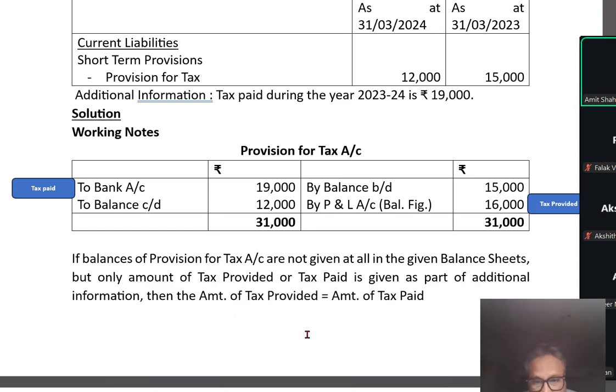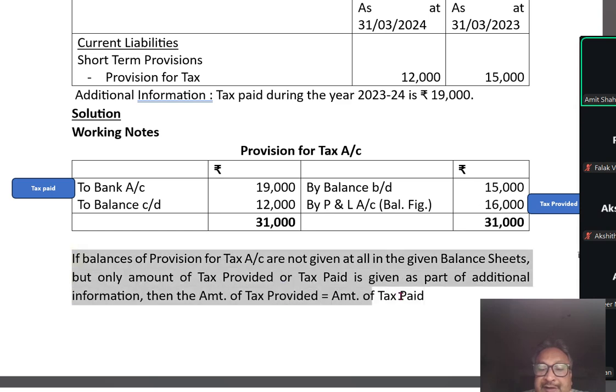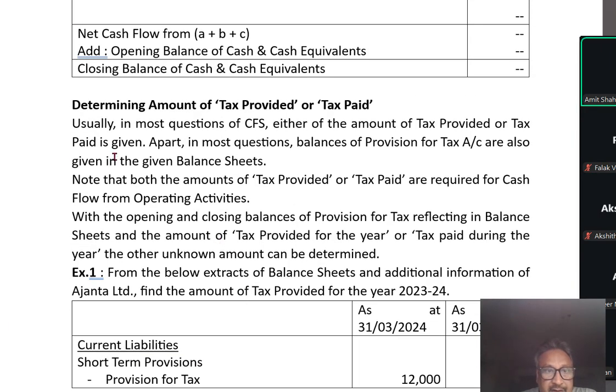We will assume that whatever tax has been provided, that is equivalent to tax paid, or whatever amount of tax paid is there, that is equivalent to the amount of tax provided. I hope you have understood this also, guys. Yes, sir. Right? So I start noting it down from here.